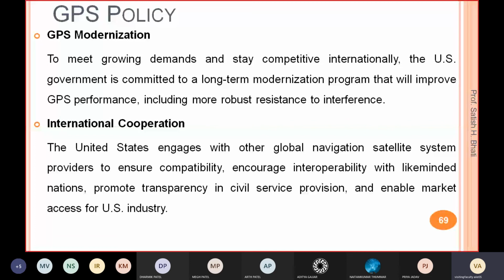Then international cooperation: the US engages with other global navigation satellite system providers to ensure compatibility and encourage interoperability with like-minded nations. It will promote transparency in civil service provision and enable market access for US industry.